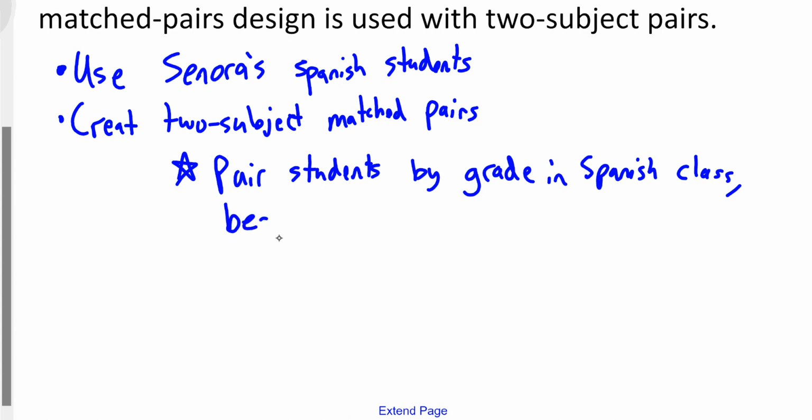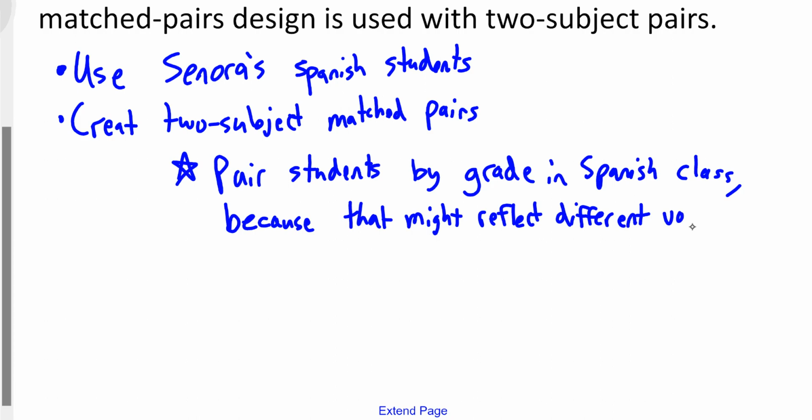I'm going to say because that might reflect different vocab knowledge. I definitely spelled that wrong. Vocab knowledge or skills. So I've got my matched pairs.